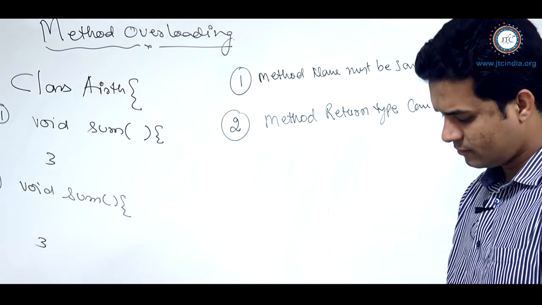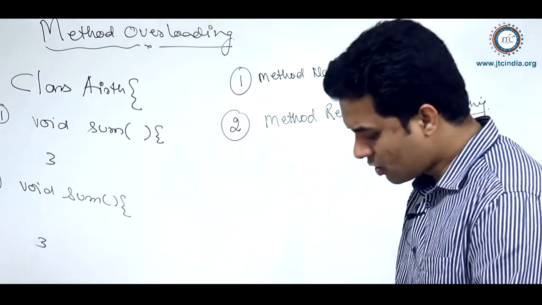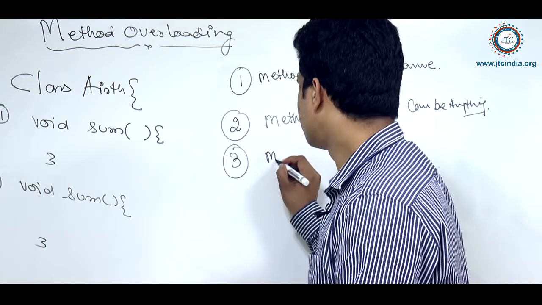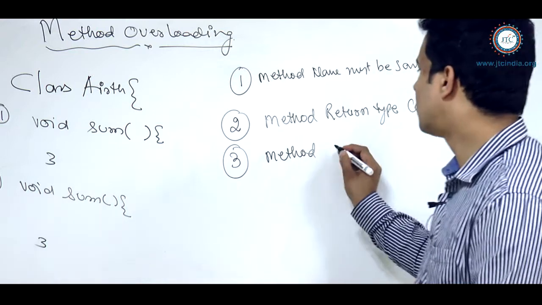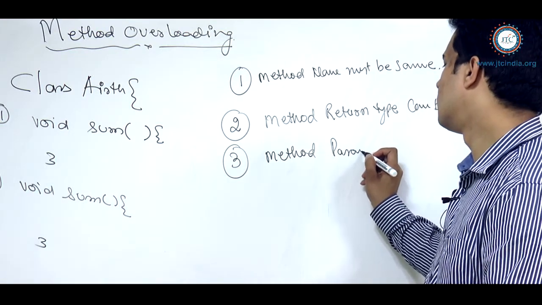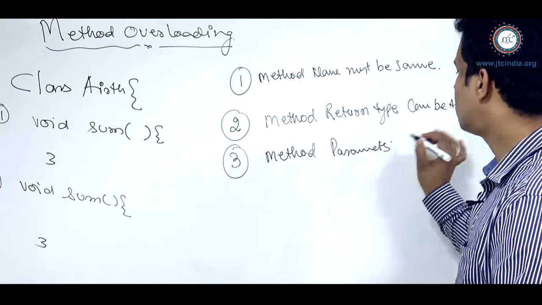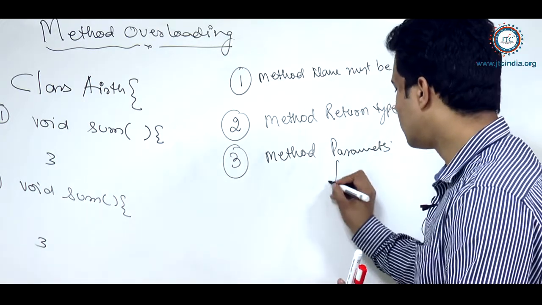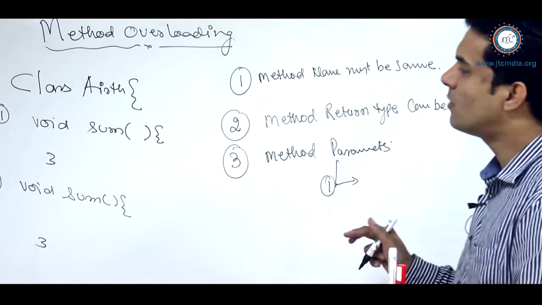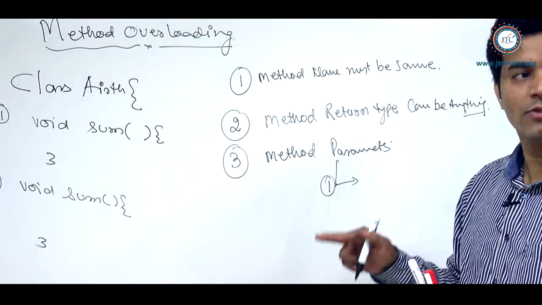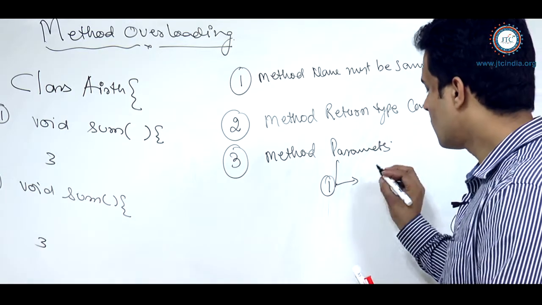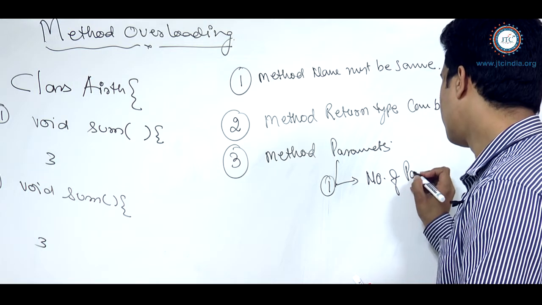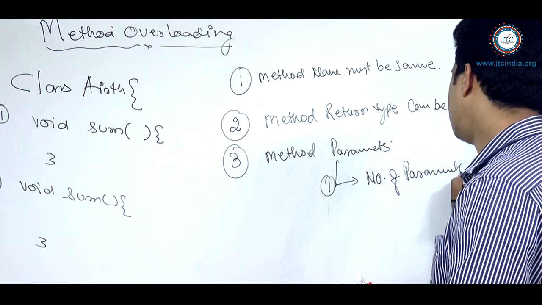And now, when we talk about the method parameters, third one, method parameters should be different in the following order, which means first one is the number of parameters.